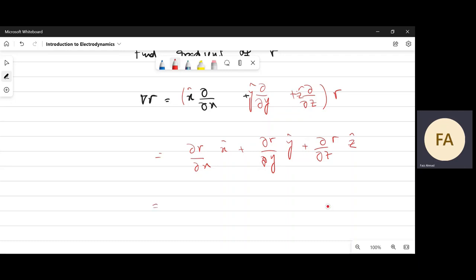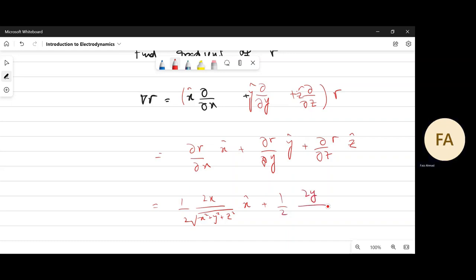And when we take the derivative, it will become 1 by 2 times 2x divided by the square root of x squared plus y squared plus z squared, x unit vector, plus 1 by 2 times 2y over the square root of x squared plus y squared plus z squared, y unit vector, plus 1 by 2 times 2z over the square root, z unit vector.